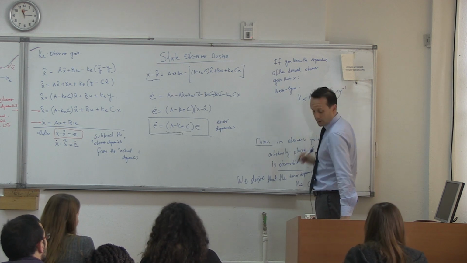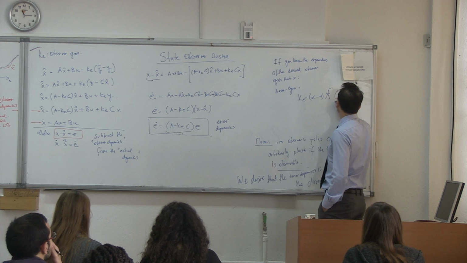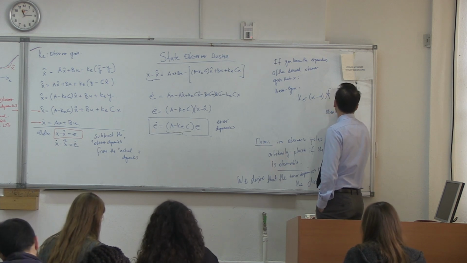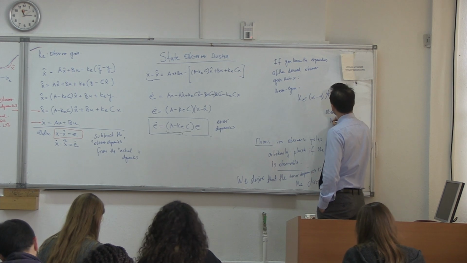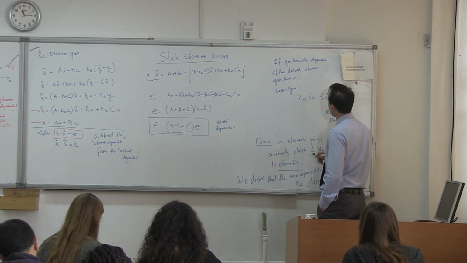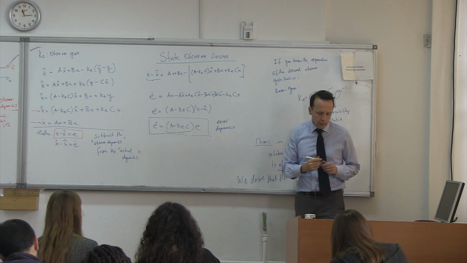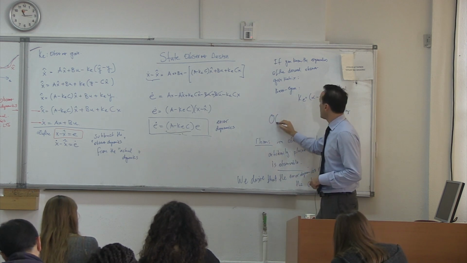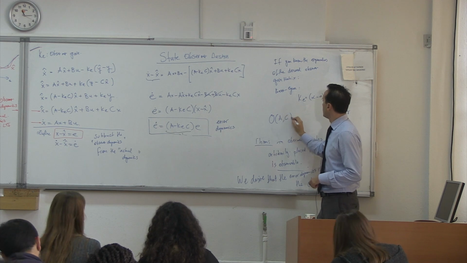And observer gain, inverse of the observer matrix, and this is the observability matrix. And you see, you can do this if the observability matrix is a function of A and C.